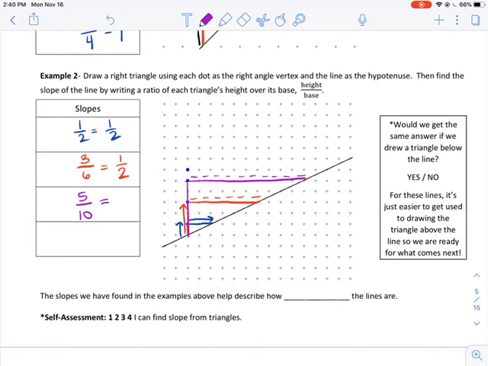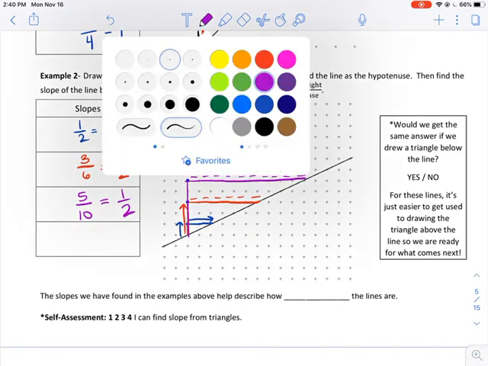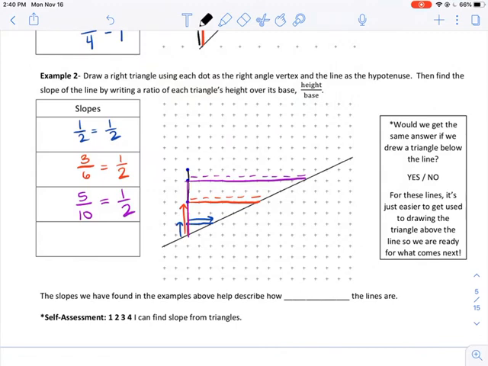Okay, 5/10 is the same as 1/2. Yay, we're getting the same thing. I think it doesn't matter. I think you're always going to get the same answer. So this one is 1 more than 5, so I just know that's going to be 6 on the top. Okay, 1, 2, 3, 4, 5, 6, 7, 8, 9, 10, 11, 12. It should be 12 because they're all going to be 1/2.